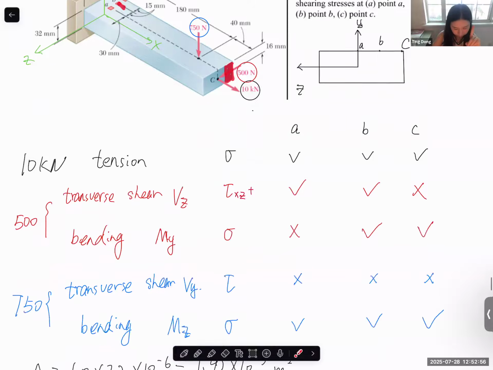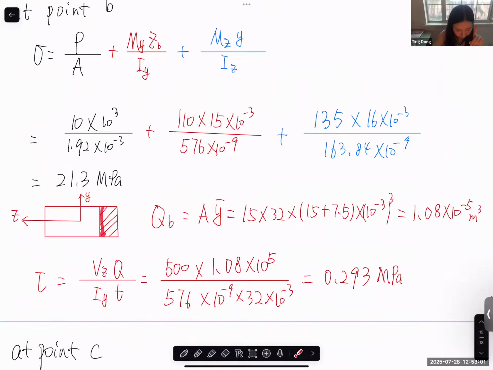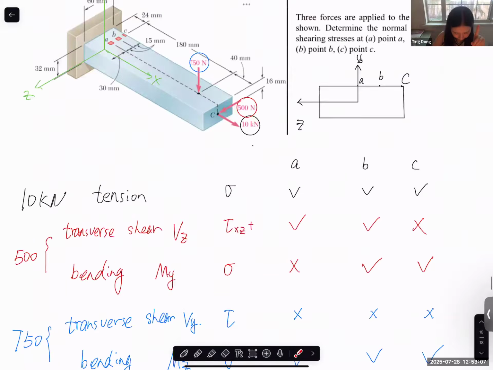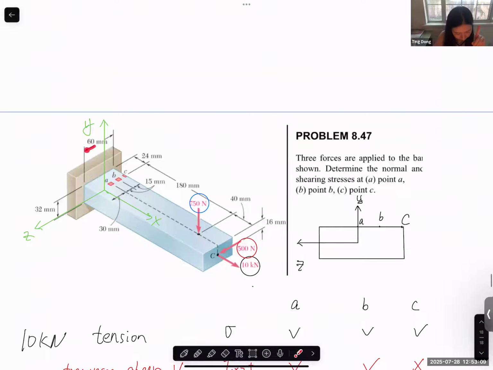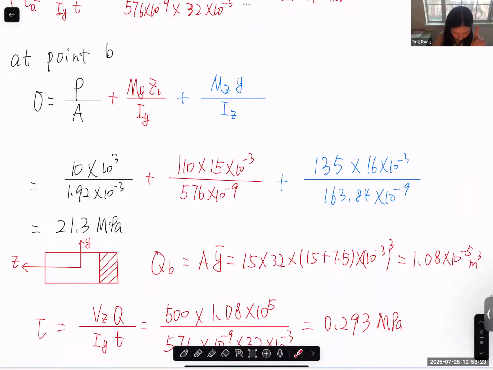If you agree with me, now let's check. This is the area, and this dimension is 15. Since this is 60, a quarter is 15, right? This dimension is 15, and this dimension is 32, double the 16. So that's the area: 15 times 32.